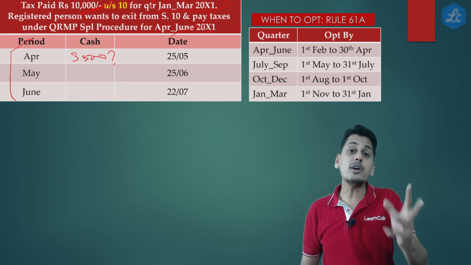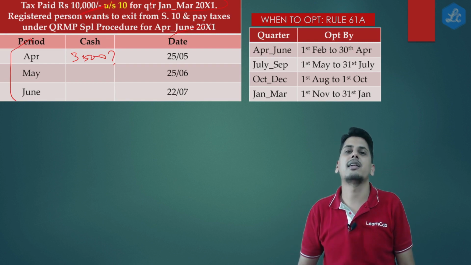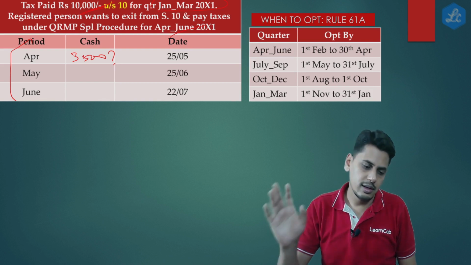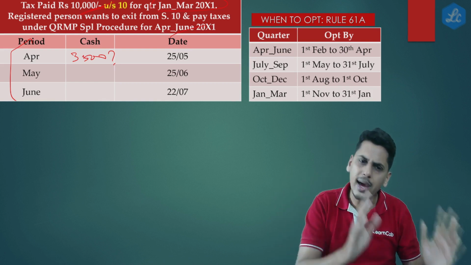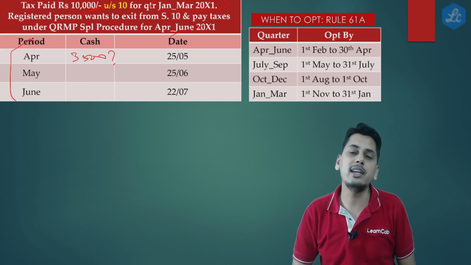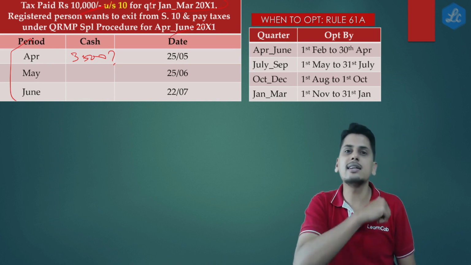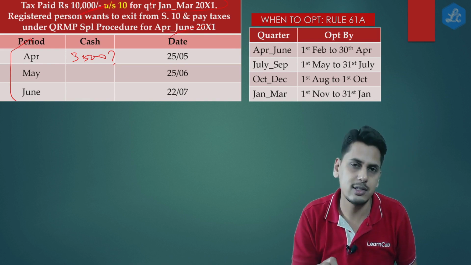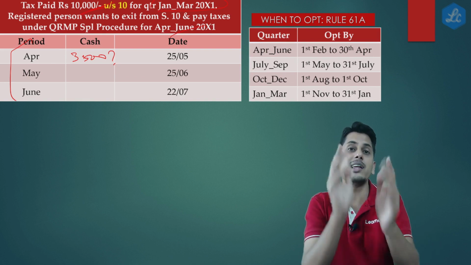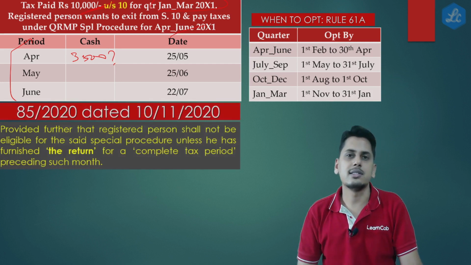Now he is operating under section 9. Is it comparable? Are the quarters April, May and June in comparison with January, February and March by any stretch of imagination? The answer is no. So can you take this historical data? No, you cannot, because this is not going to give you any logical answer. Let's see what the provision says.